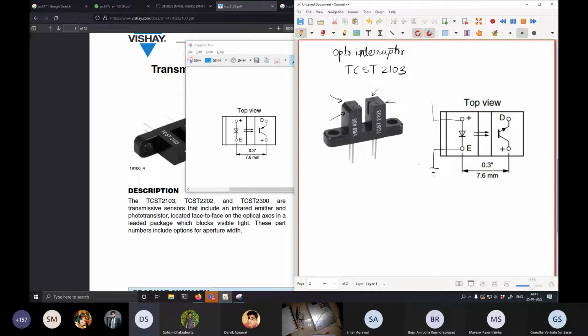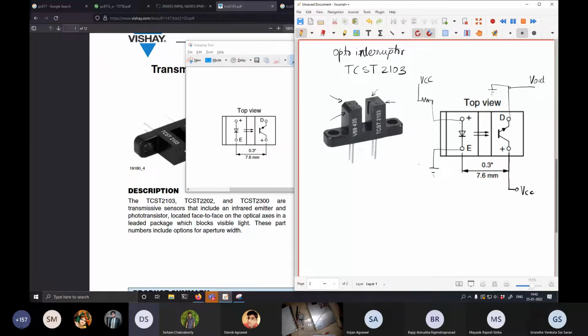If you were to connect this to a voltage source and connect this to ground, it's the same working principle as the previous one. So you take this as the output voltage.